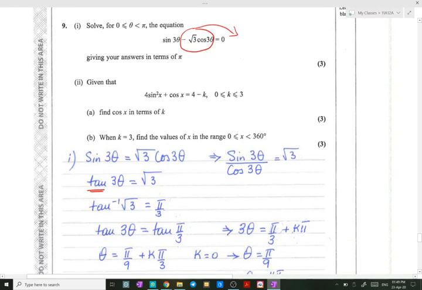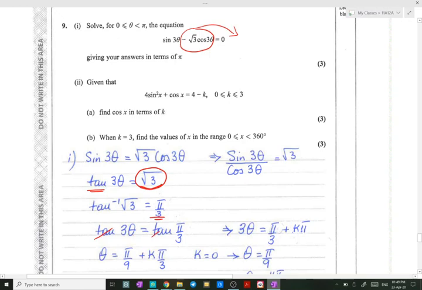So we find the inverse tangent of square root 3. It's equal to pi over 3. You can use your calculator to find the answer. Then we start solving by writing the equation tangent 3 theta. Instead of square root 3, we write tangent of the angle, which is tangent pi over 3.